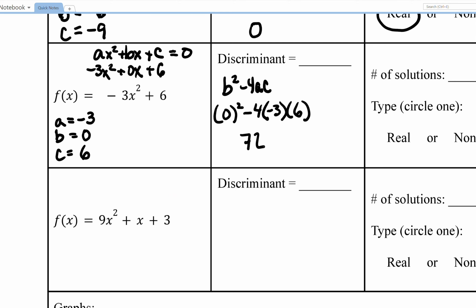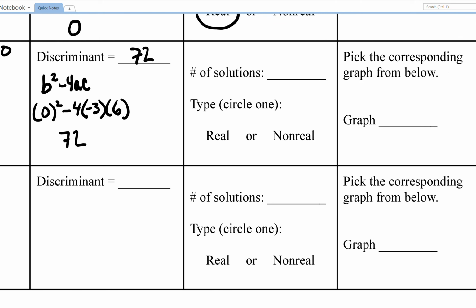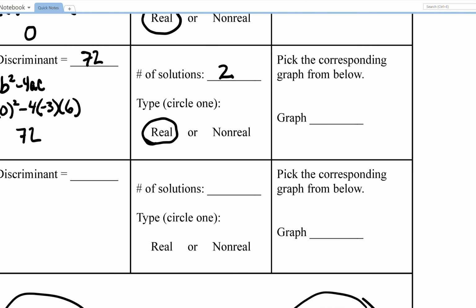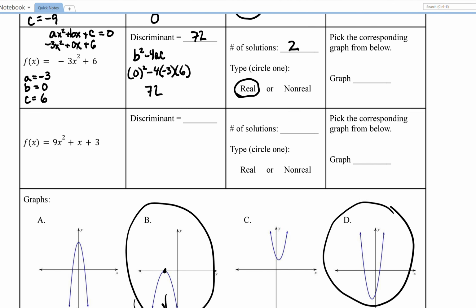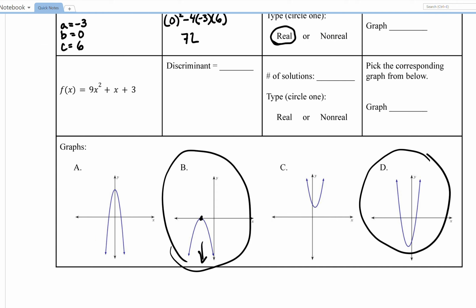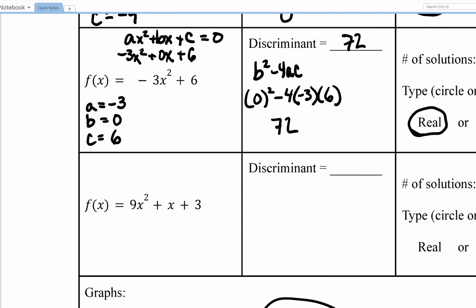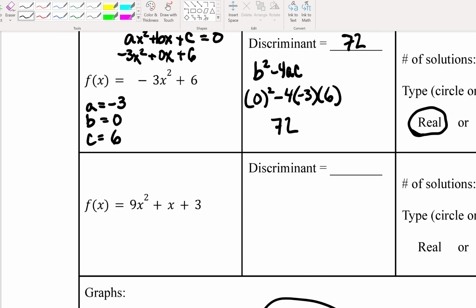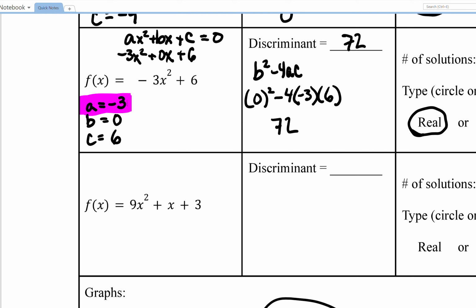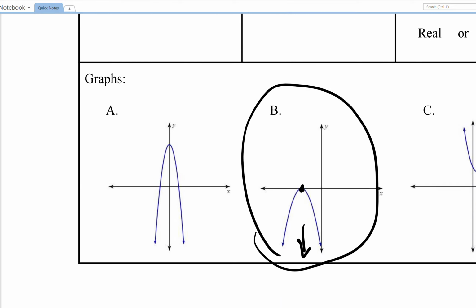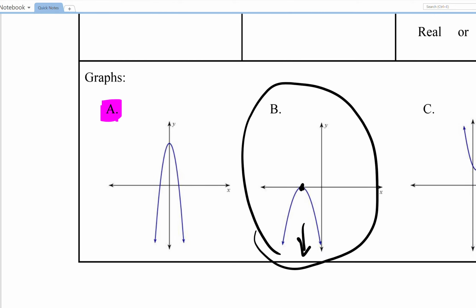So my discriminant is equal to 72. Since it's positive, I'm going to have two real solutions. And then I'm going to go back down here. And note that my A is -3. And since it's negative, it's going to open down.